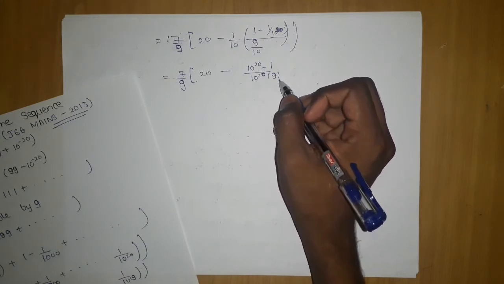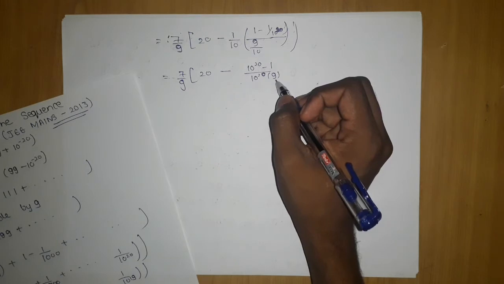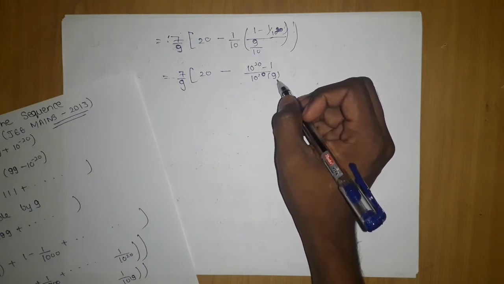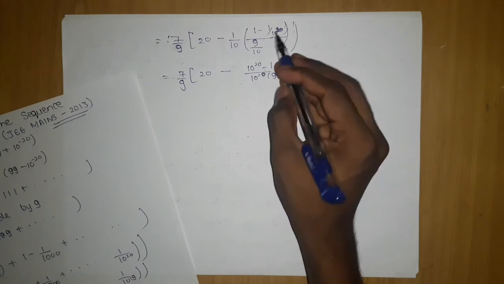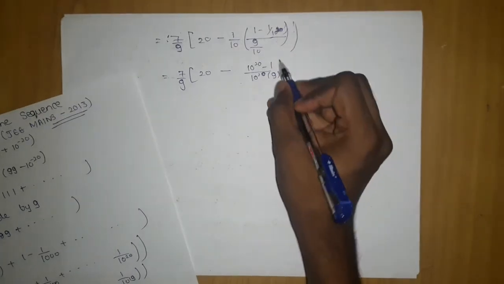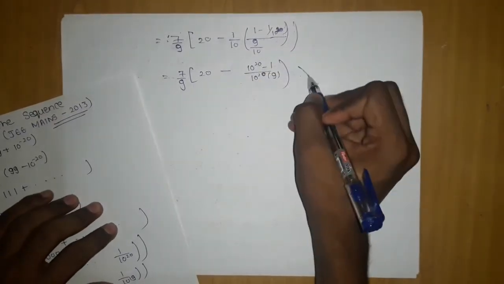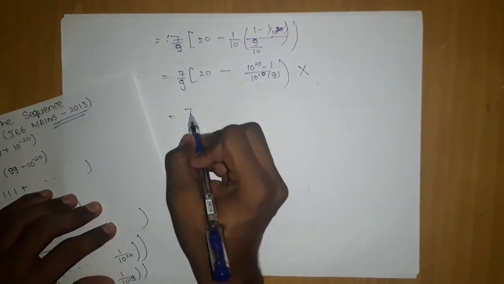But what they have done is they have simplified it like this, by taking the 10 power up. So we will not go with this simplification way, we will go with this other simplification way.